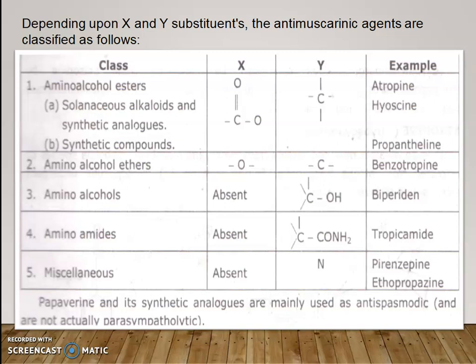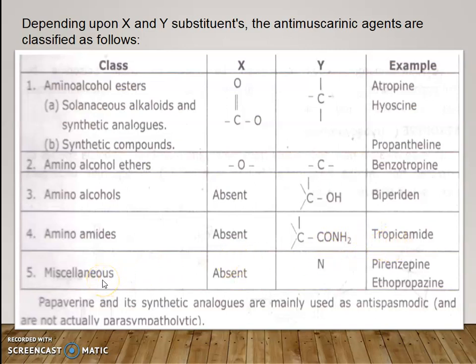Next class, amino alcohols, in which the X substituent is absent and at Y it has COH, for example bipyridine. Then next class, amino amides, in which the X substituent is absent and at Y it has CONH2, a carboxamide group, for example tropicamide.